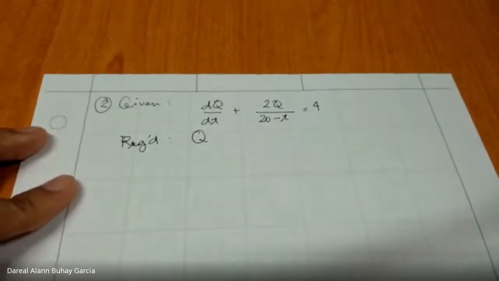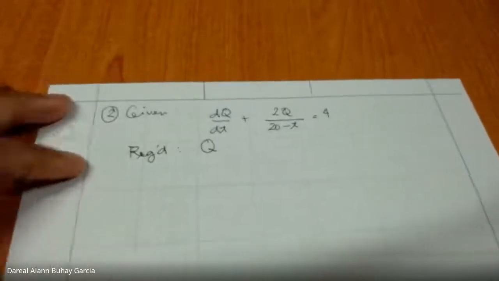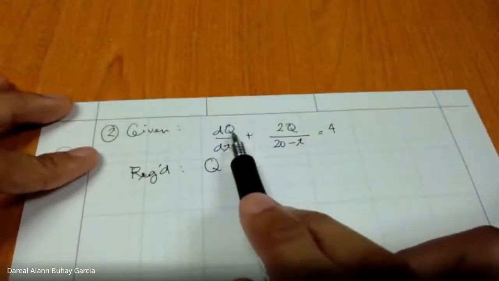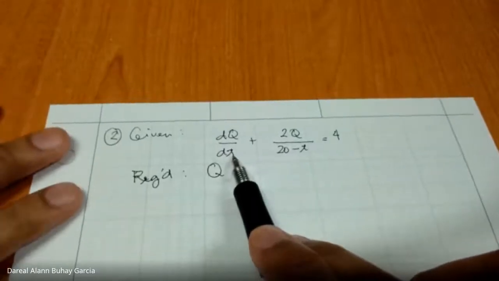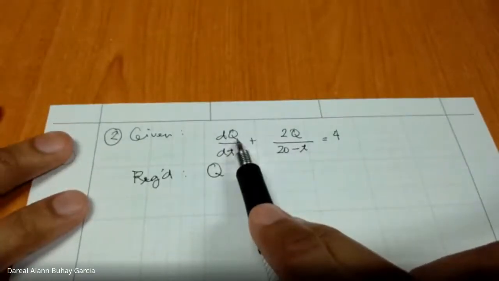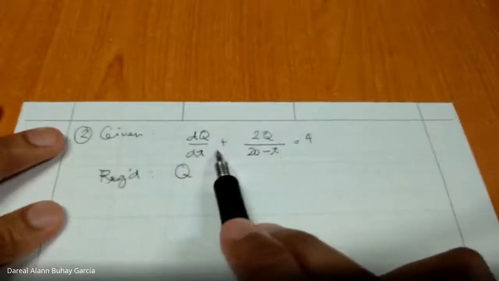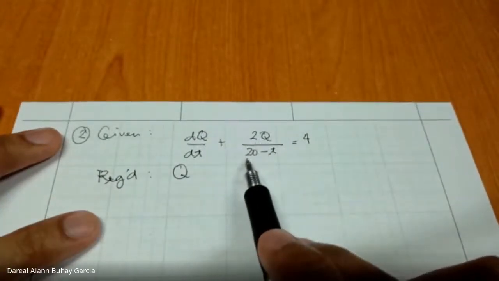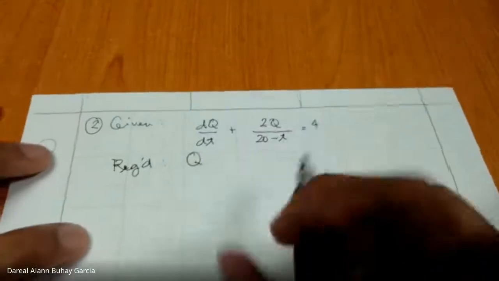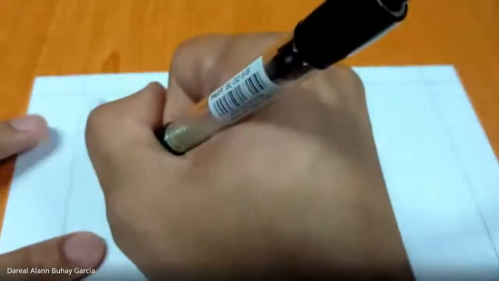If we are not used to calling this function, q is like y, then t is like x. So it should still be dy over dx plus 2y over 20 minus x equal to 4.